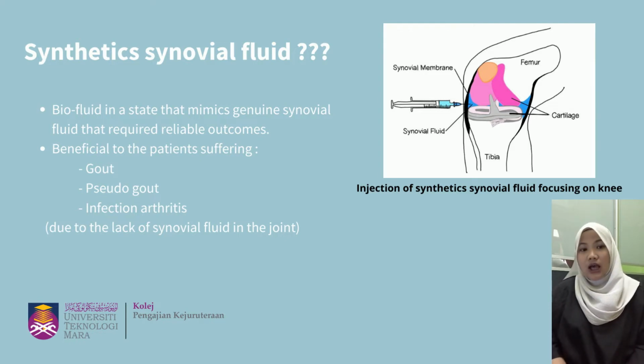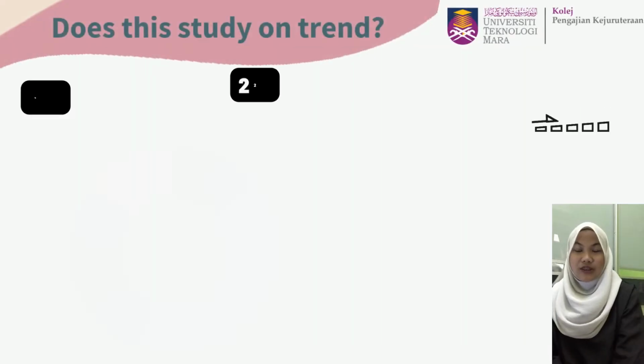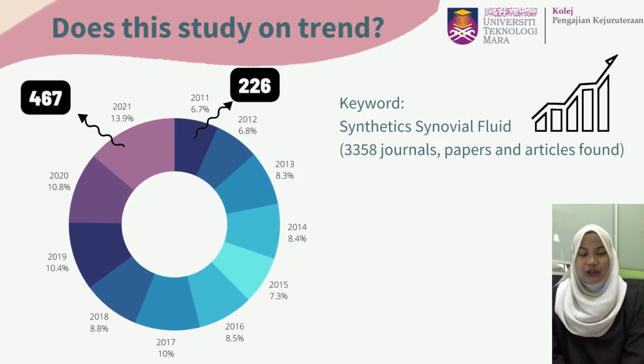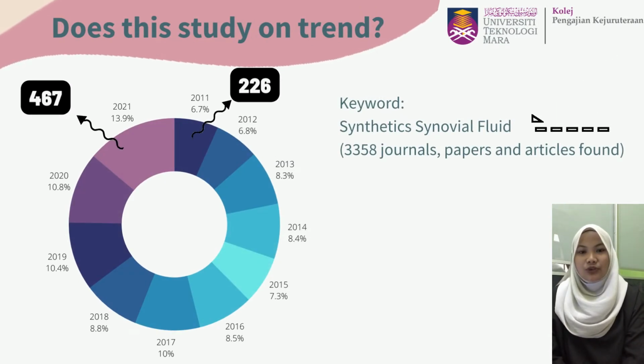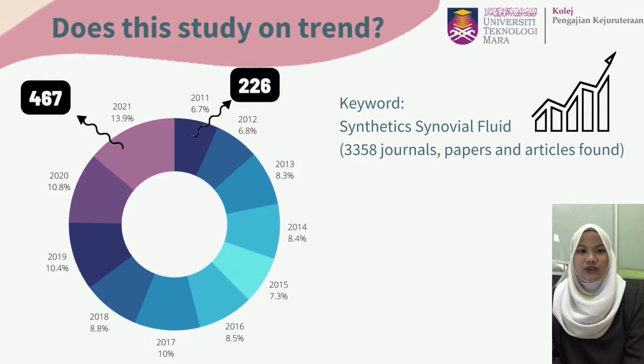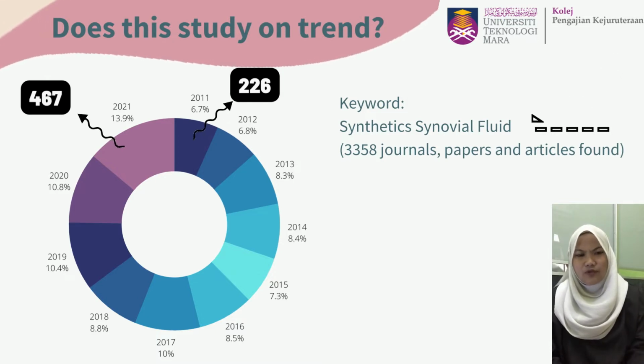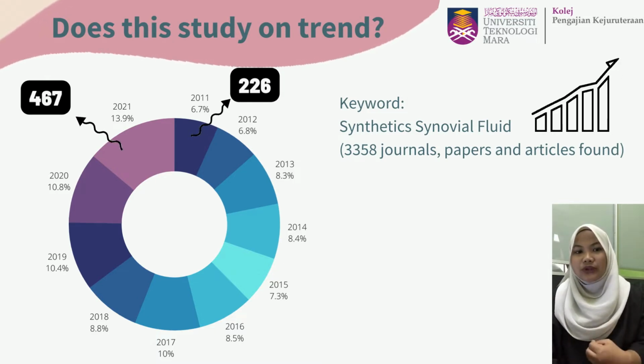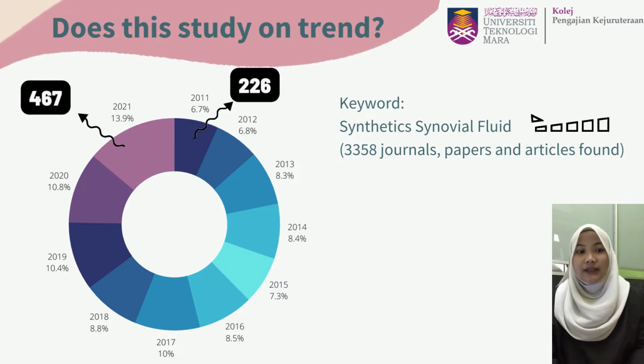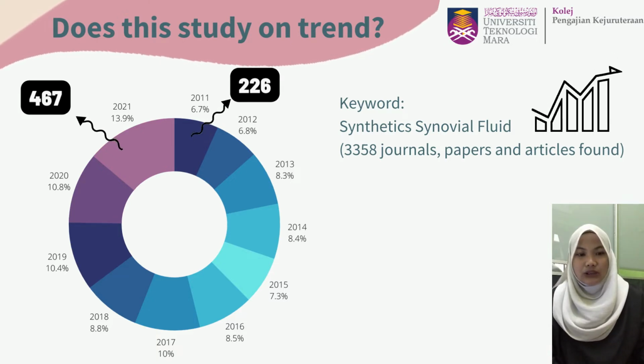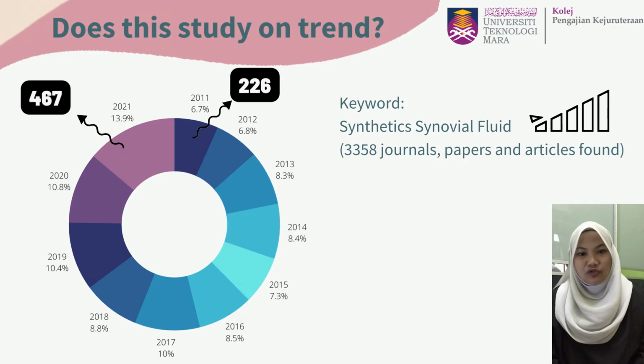As you can see, the picture on the top right corner is the picture of the synthetic synovial fluid on the knee. There are 3,358 papers and journals retrieved from a simple search using the phrase synthetic synovial fluid. From 2011 to 2021, the figure in the slide represents the current trend in the study of artificial synovial fluid in tribology.